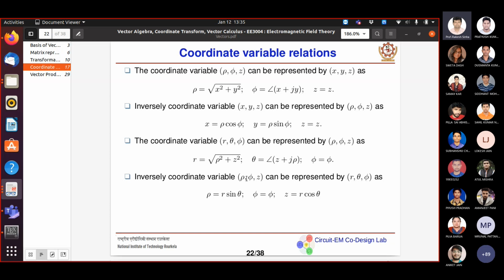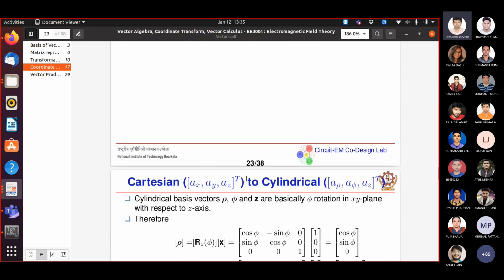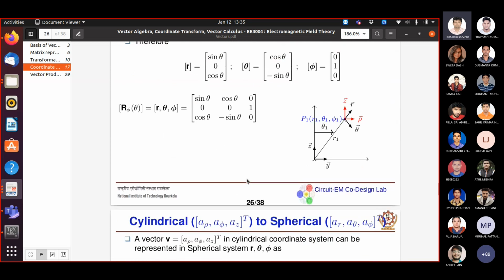We'll see later that theta is this angle, formed by z, which points in the r direction, and rho, which points in the theta direction.